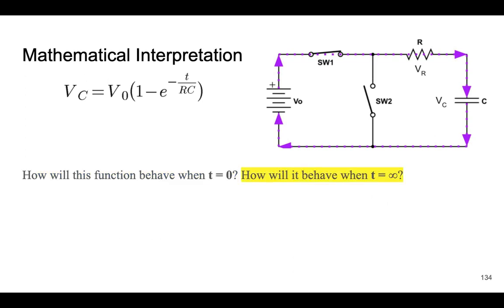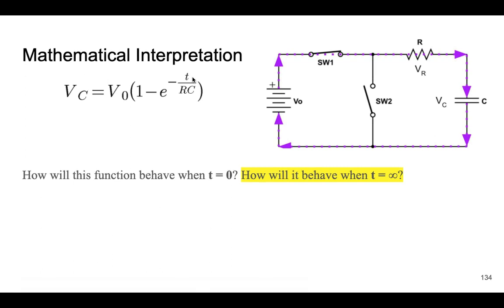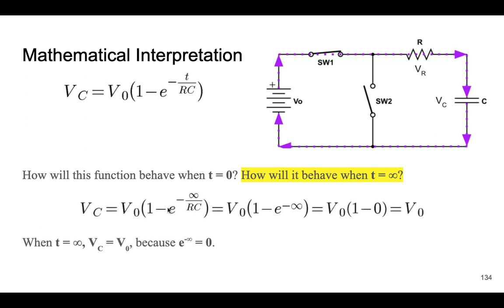So what's going to happen when t equals infinity? If you plug in the number infinity here, infinity is not a number. As this number starts getting bigger and bigger, what's going to happen with this function? Well, let's just look at this part. E to the minus infinity over RC. If this number is infinity and this number is finite, the finite part doesn't even matter.